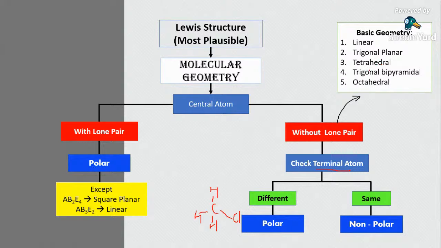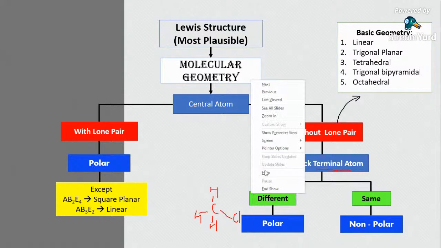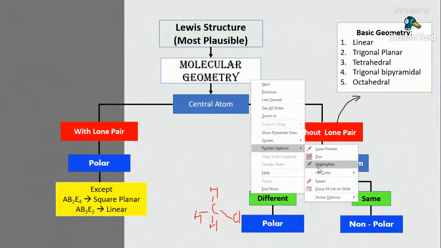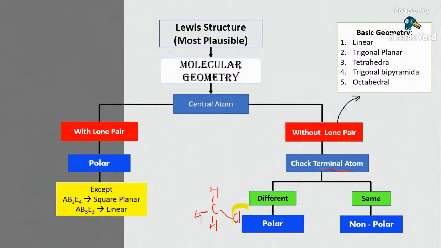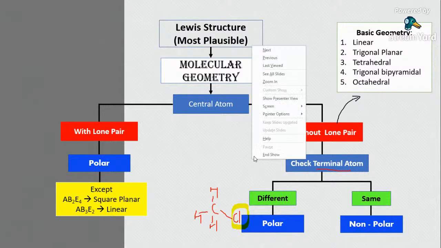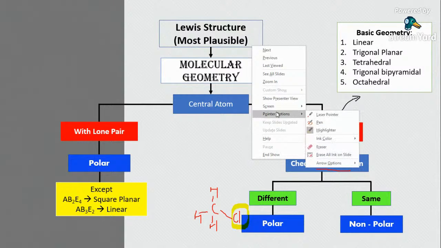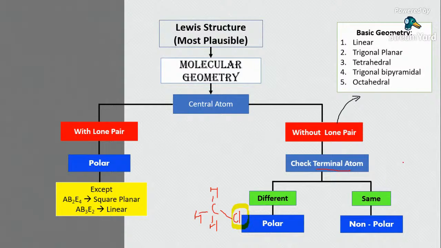Mu is supposed to equal 0, but due to the terminal atom being different, it cannot cancel off. So it's polar. For this case, I am using tetrahedral as well, and the terminal atoms are all hydrogen. Yes, this one is tetrahedral, symmetry. The dipole moment will cancel off each other. That's why mu equals 0, non-polar.